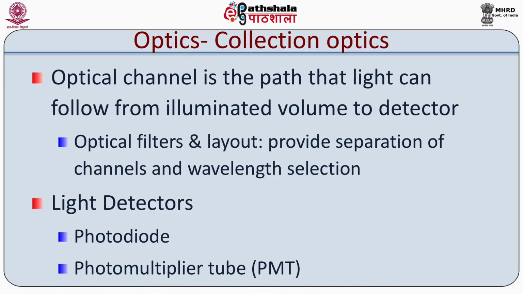The collection optics include the optical channel, which is the path that the light follows from the illuminated volume to the detector, and then there are optical filters which help in optimization of these signals and carry them to the light detector, which can be of two types, photodiodes and photomultiplier tubes.